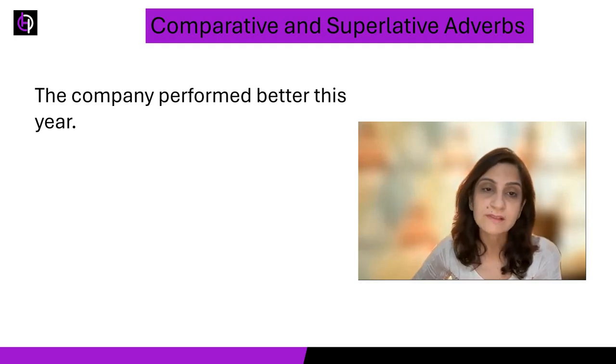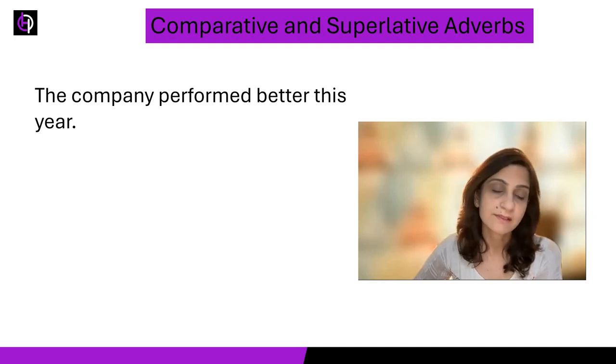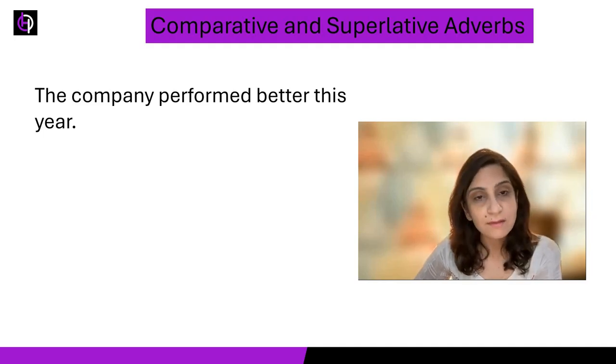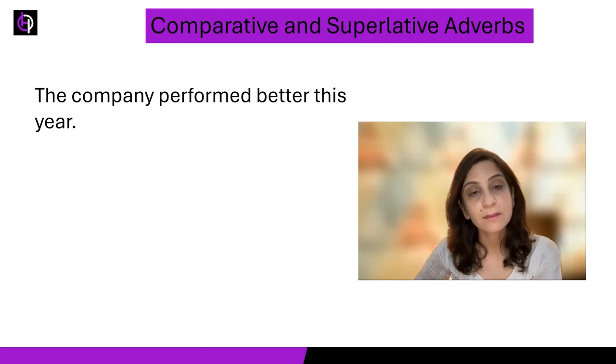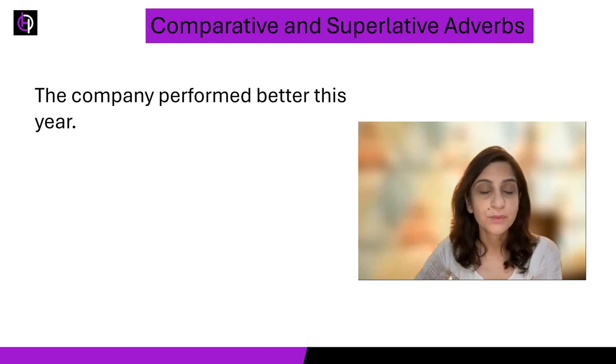The only difference is how we are placing them in our sentences. When we are placing these adjectives as adverbs, we are placing them after our main verbs. The company performed better this year. So it is clear that we are using it as an adverb.